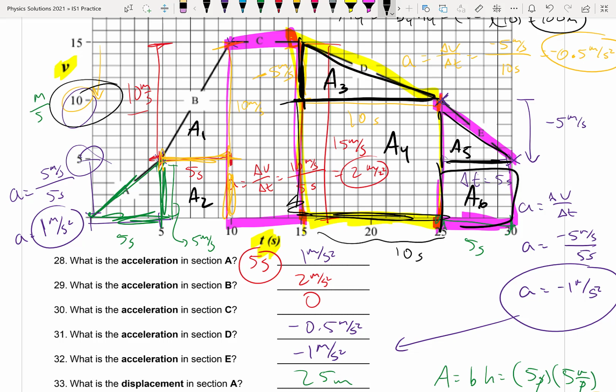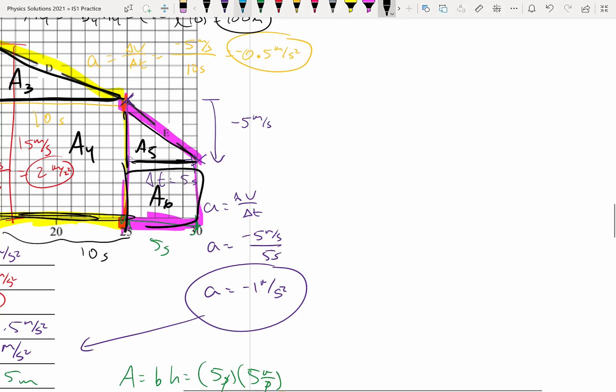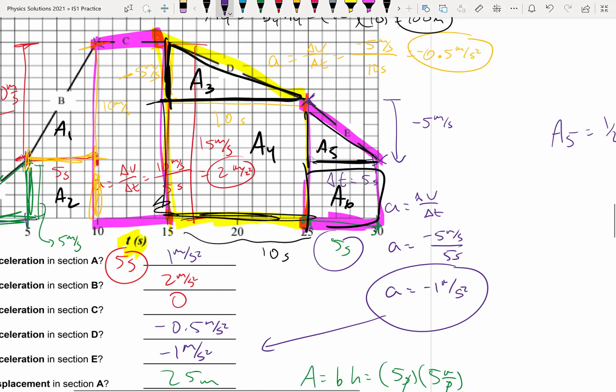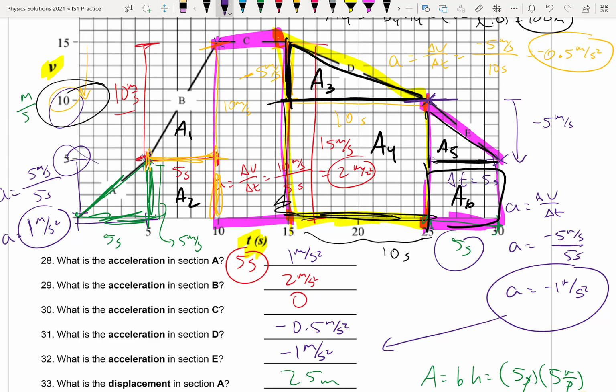This is area 5. To get area 5, it's going to be 1/2 base of 5 times height of 5. So 1/2, the base is 5 seconds. The height is also 5 because we go from 10 to 5. So 10 minus 5 is 5.